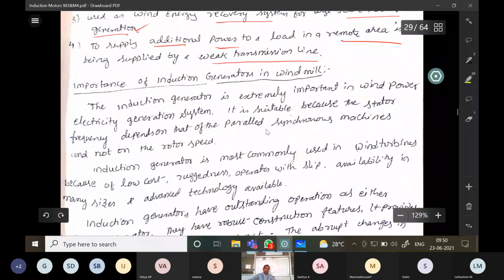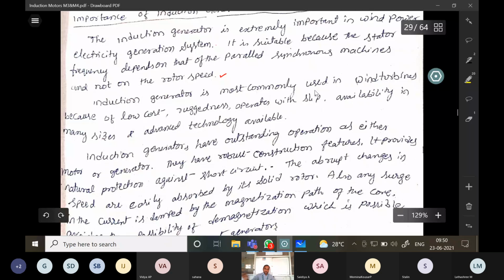Induction generator is extremely important in wind power electricity generation systems. It is suitable because the frequency depends upon the stator synchronous speed, and not on the rotor speed. That is one of the importances of the generator in windmills.